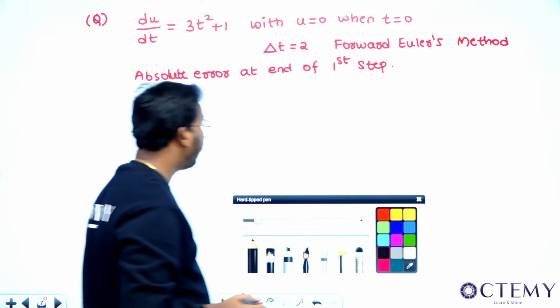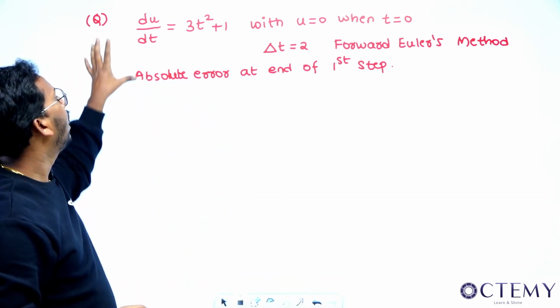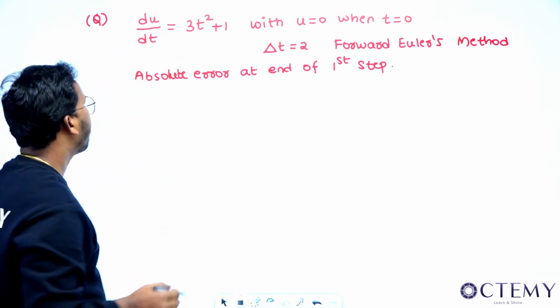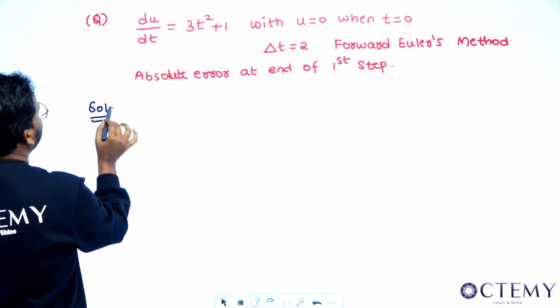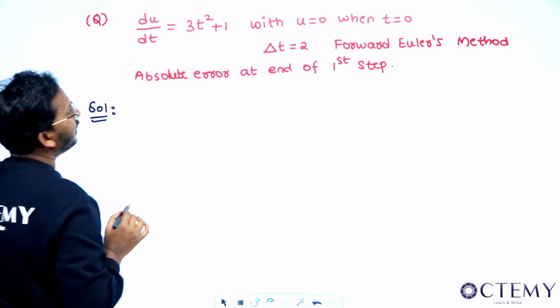So see, sir, if we have solved this using forward Euler's method, we will get certain answer, and directly if we solve, we will get some other answer. He is asking you the error between them. And h value, delta t is basically h, sir. First step means we have to do only one iteration.